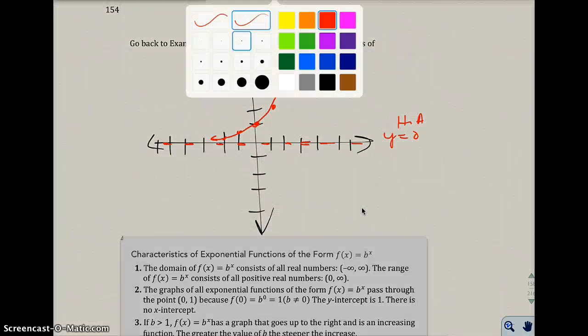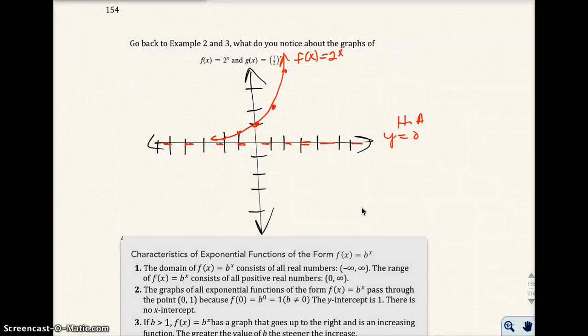And then we looked at the graph of 1/2 to the x. It went through (0, 1) also, but at (-1, 2), (-2, 4), and so on, and it has small points down here.